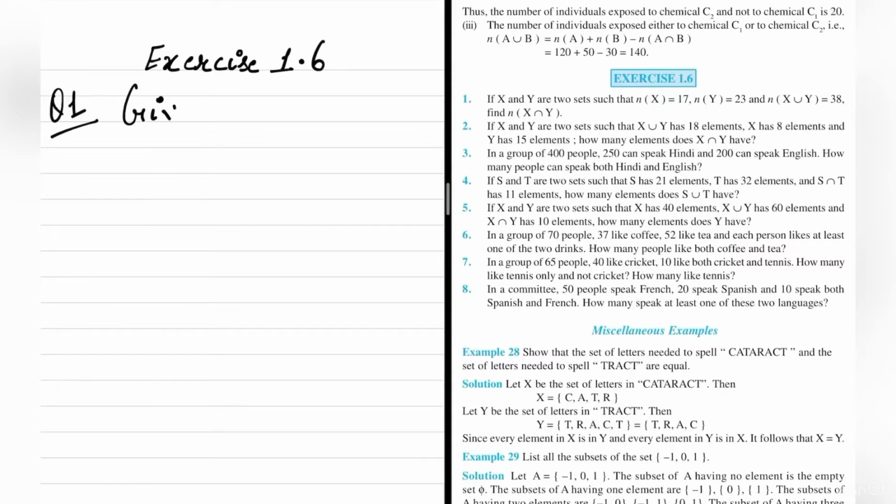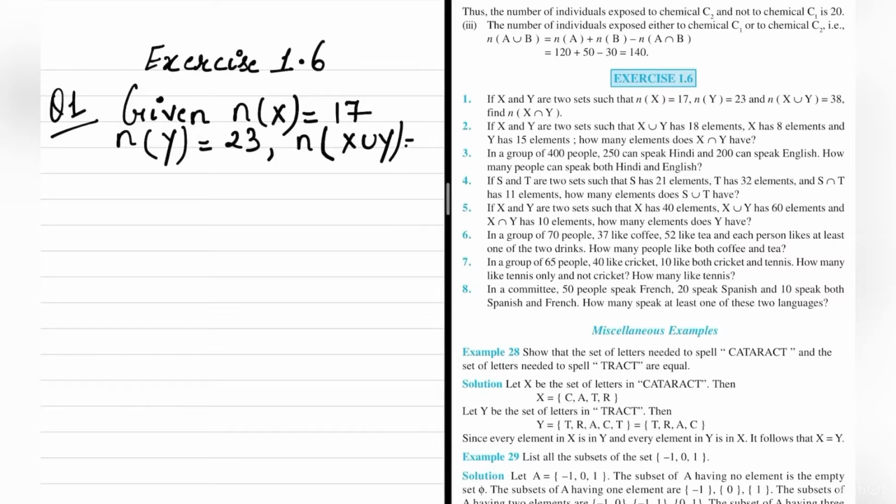Given to us is n of x is 17, n of y is 23 and n of x union y is 38 and you have to find the number of elements in x intersection y.